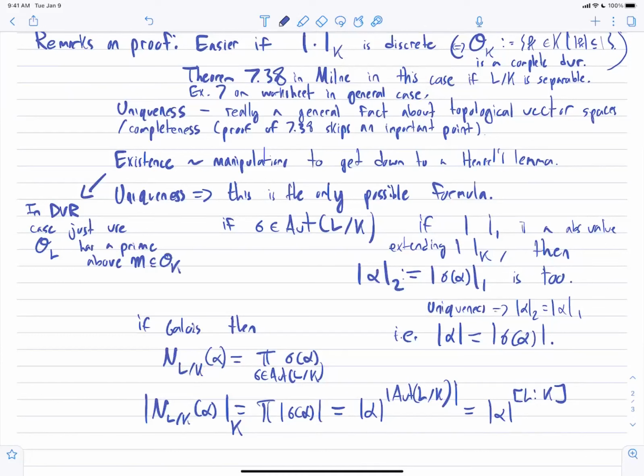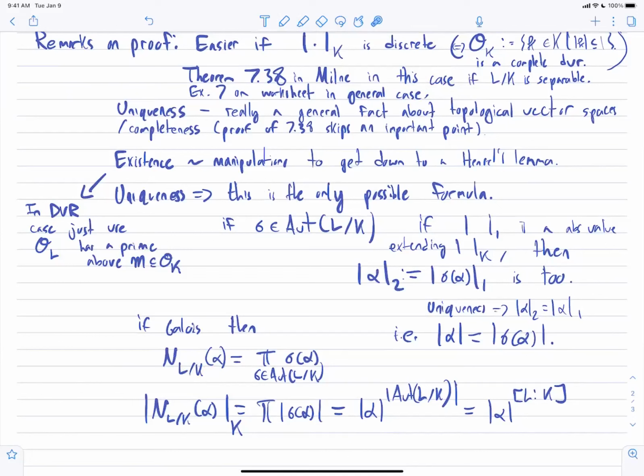So OK has a unique non-zero prime ideal. It's the maximal ideal. And then in OL, the integral closure of OK in L, there's a prime lying above this, and then you can just take the absolute value corresponding to that prime.